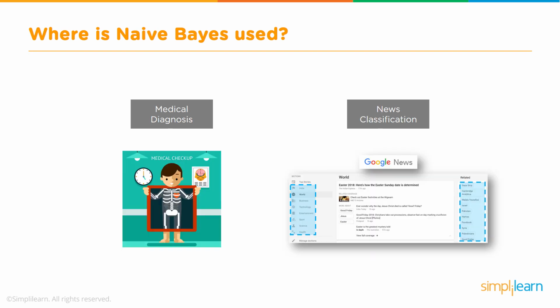It's also used in medical diagnosis. We might diagnose somebody as either high risk or not high risk for cancer or heart disease or other ailments. And news classification: when you look at Google News and it says, is this political or is this world news, a lot of that is done with naive Bayes.